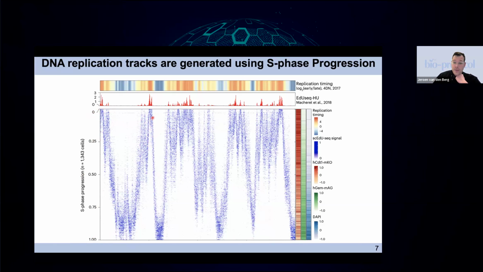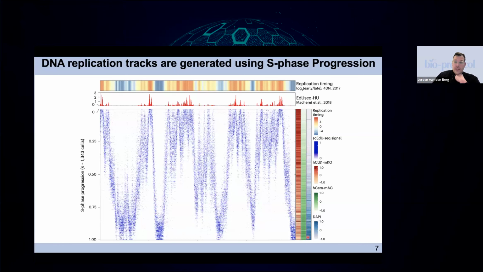And for instance, to give an example, we see this one single lonely DNA replication fork, which exists for a very long time in S phase. Then we have taken our fluorescent data again. So here we have the Fucci red, which decreases over time, the Fucci green, which increases over time, and then the DAPI signal signifying DNA content that also increases as a function of this S-phase progression.